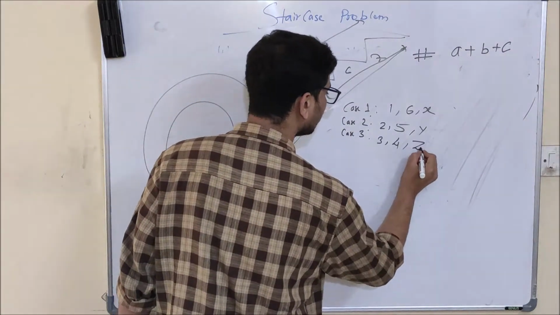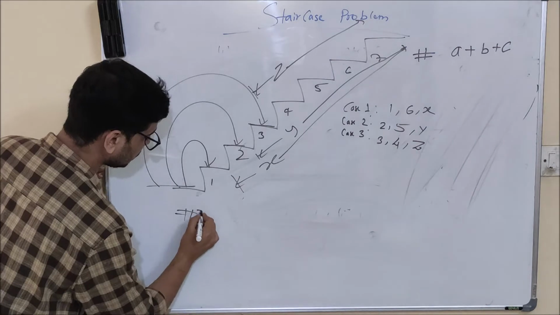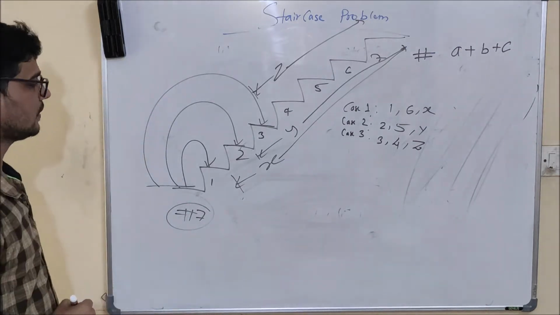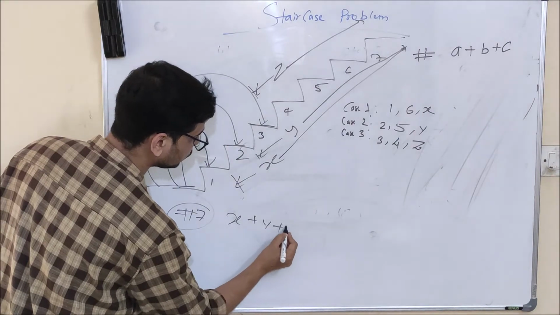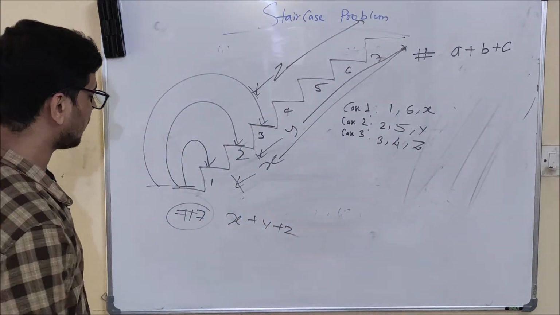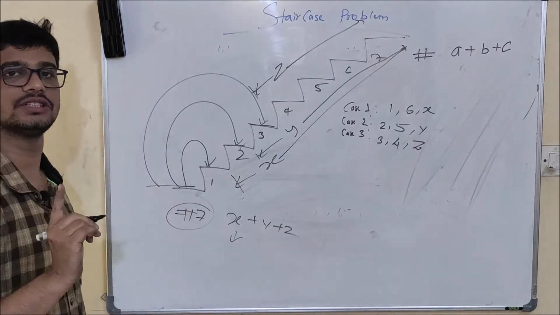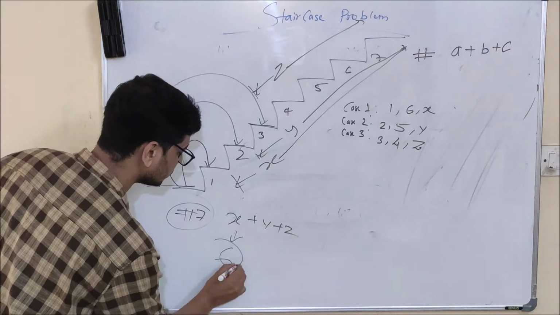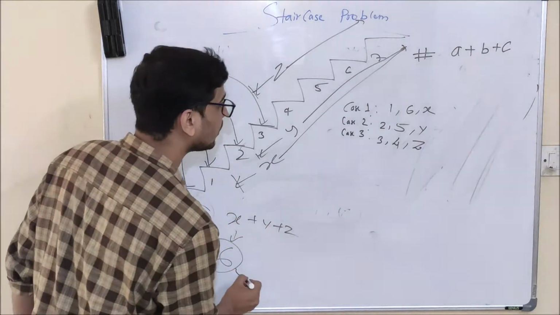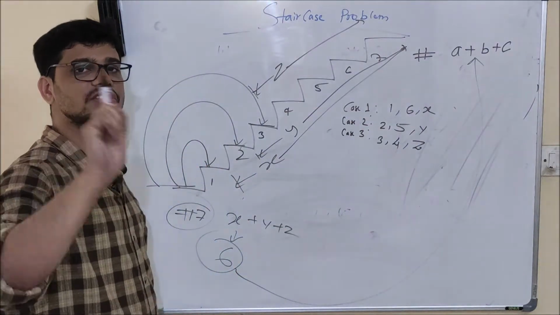So from here we can see that the number of ways in which we can climb a staircase of 7 stairs will be the sum of X, Y and Z. And what is our X here? X is the number of ways in which we can jump a staircase of 6 stairs. Okay friends? And we have earlier found out that it was A plus B plus C.